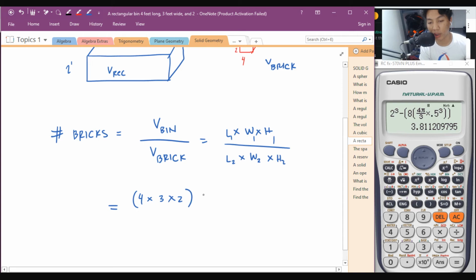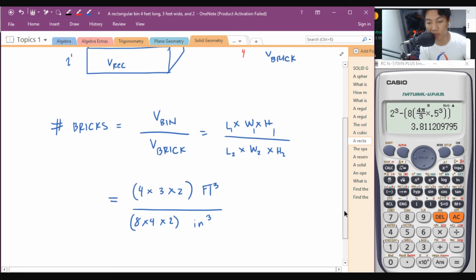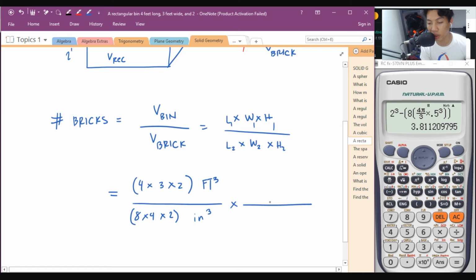Kaya lang ito naka-feet cube. Ito naman, yung baba, 8 by 4 by 2, inch cube. Ngayon, ang kailangan natin dito, makancel yung isang unit. Okay, cancel ko na. So, ilang feet meron sa inch? You have 1 foot, you have 12 inch in 1 foot. Kaya lang naka-cube, i-cube ko rin to para walang problema.